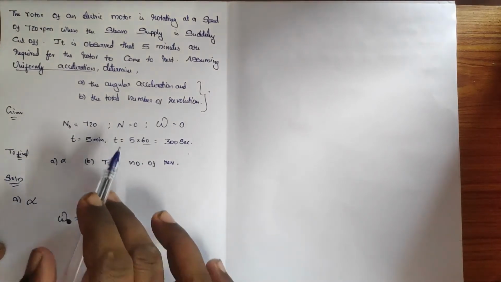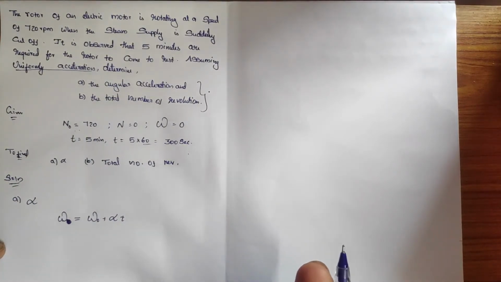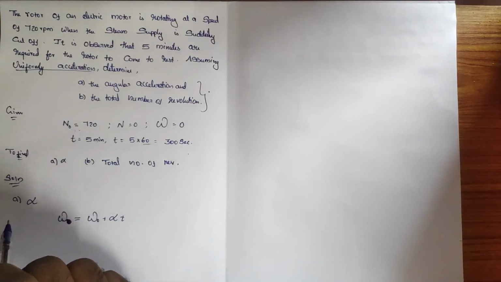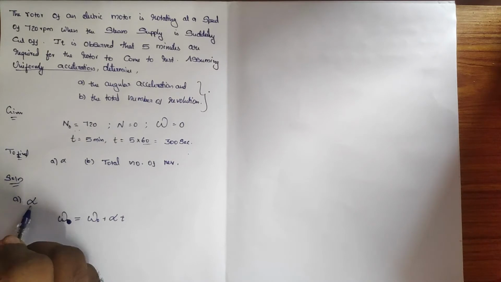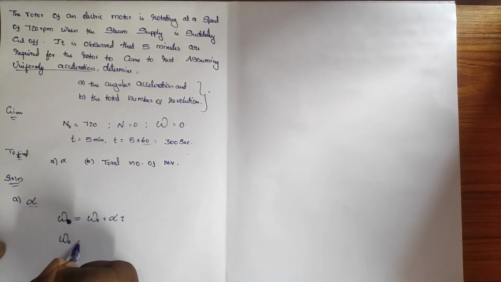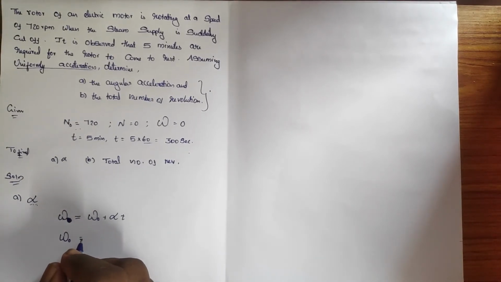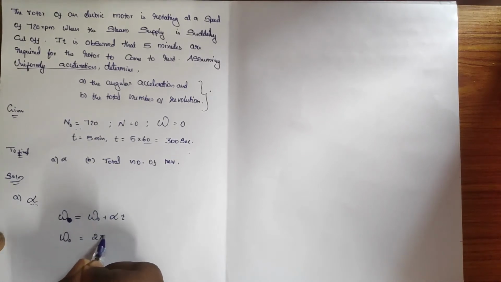Omega naught we need to find, because here the speed is given, not the angular velocity. So omega naught, the angular velocity, can be found by the formula: angle covered in one revolution into number of revolutions per second. That means 2 pi N divided by 60.